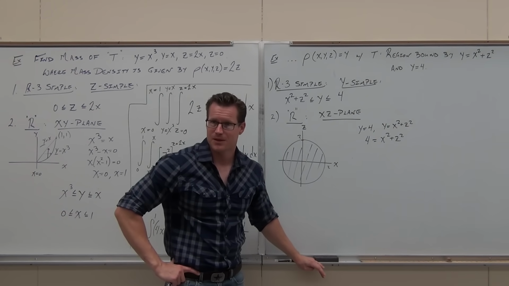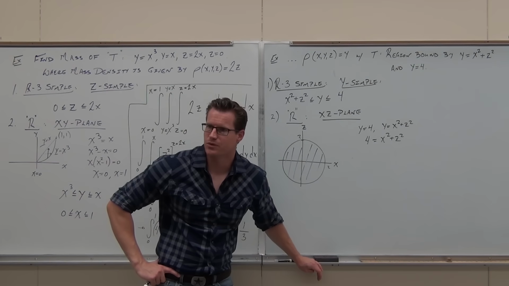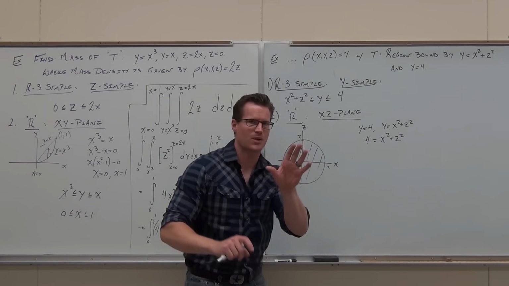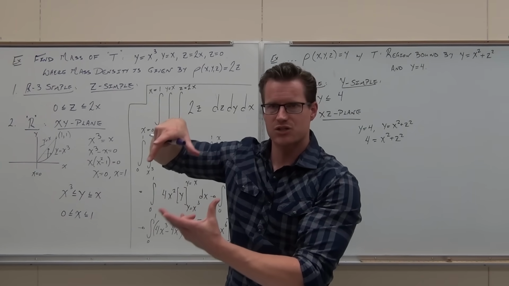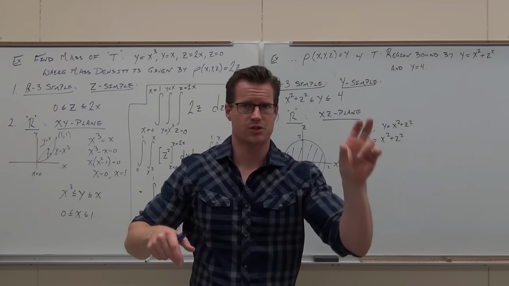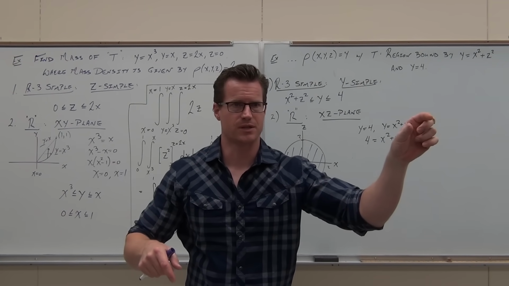Trust the Leonard. Polar is your absolute best friend on this problem, because your region is a circle, and circles are really nice, but there's one thing you got to realize. Whatever coordinate plane that you're on, that is what determines your polar coordinates. You are used to doing x squared plus y squared equals r squared. Does that make sense?